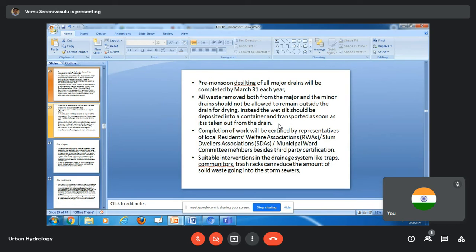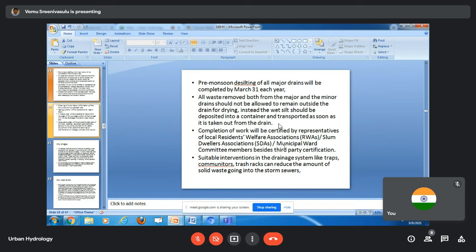Completion of work will be certified by representatives of local residents' welfare associations, slum dwellers' associations, and municipal ward committee members, besides third party certifications. So there should be some responsible person in every ward, maybe a government employee or maybe some voluntary organization.